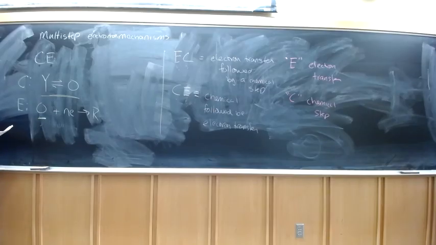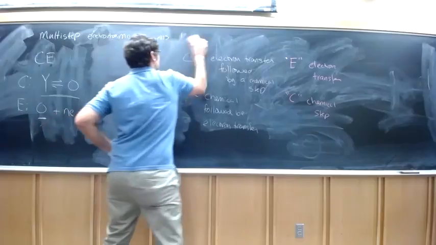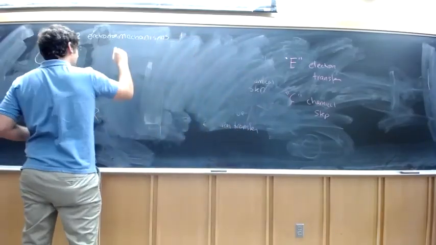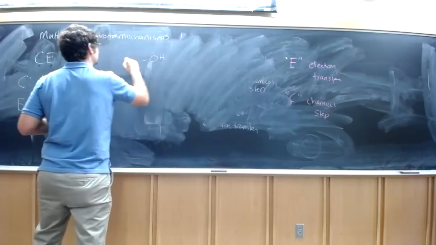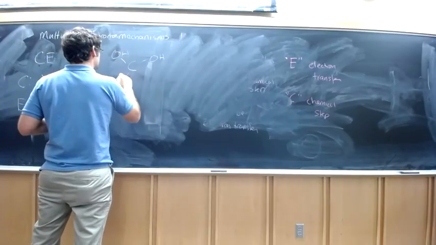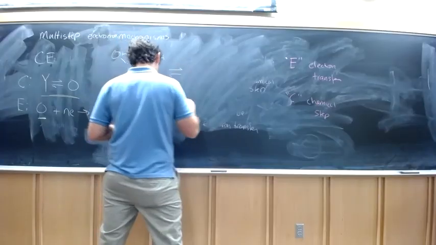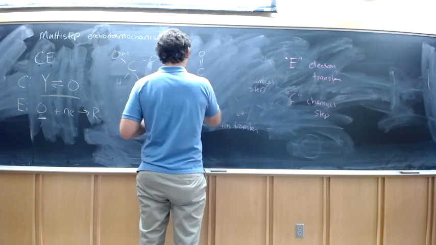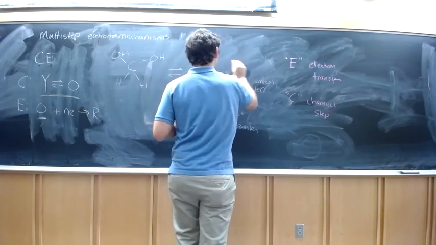Okay. So another example might be in the organic chemical context. You have this diol here, which is going to be in equilibrium with an aldehyde form, plus water.